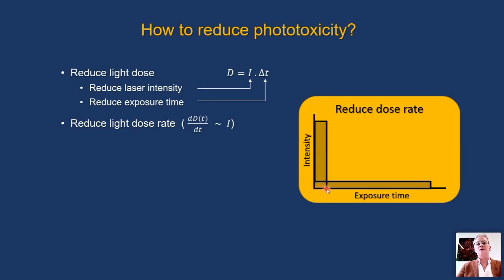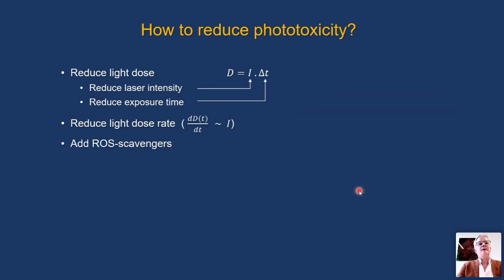Here, for a very short time, I gave a very high intensity. Here, for a long time, I give a low intensity. And the low intensity for a long time is always much more gentle for cells than a very short exposure.